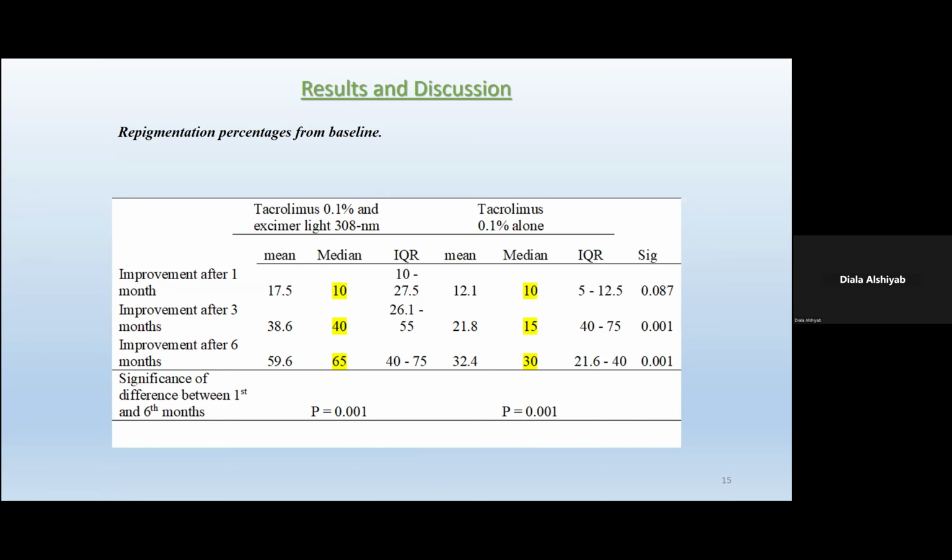And then with continuation of treatment after 6 months, the percentage of repigmentation with tacrolimus and excimer light increased to 65% versus only 30% for the tacrolimus group. So you can see now the superiority of adding excimer light to tacrolimus alone.